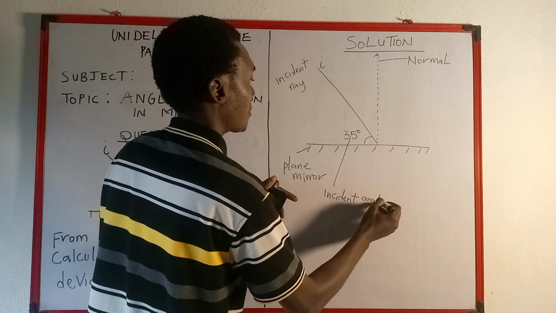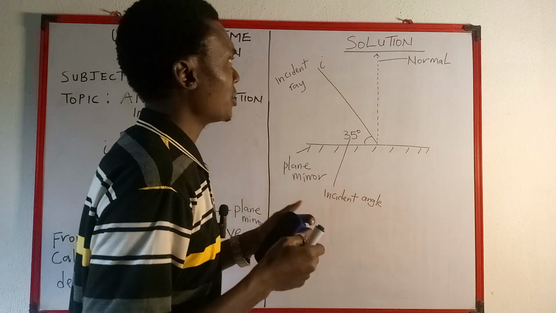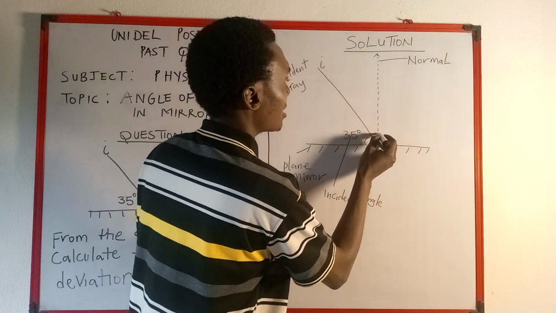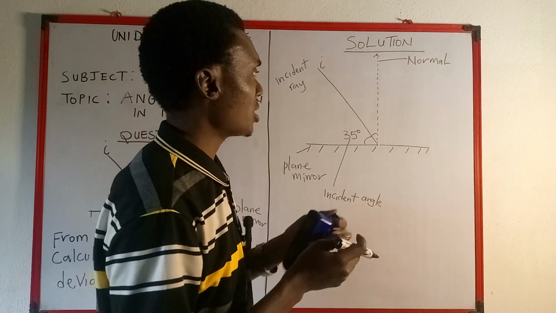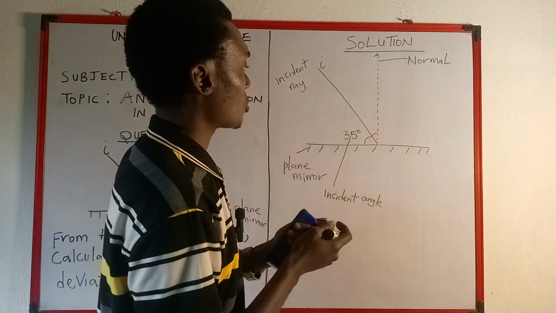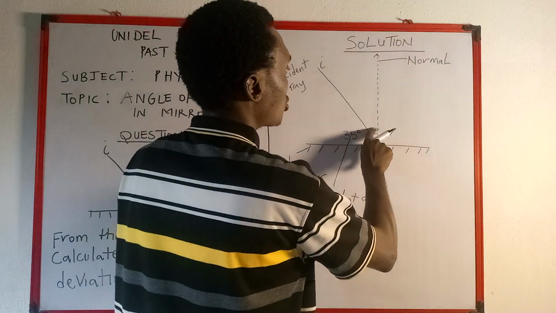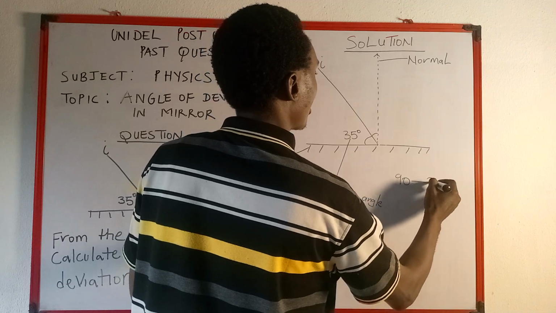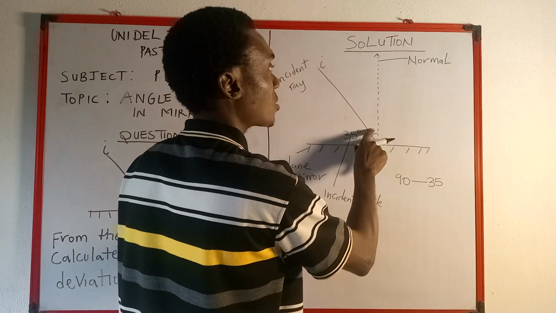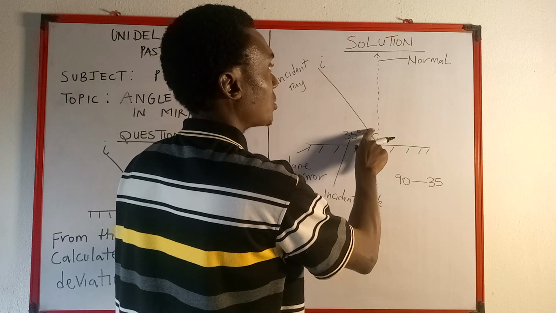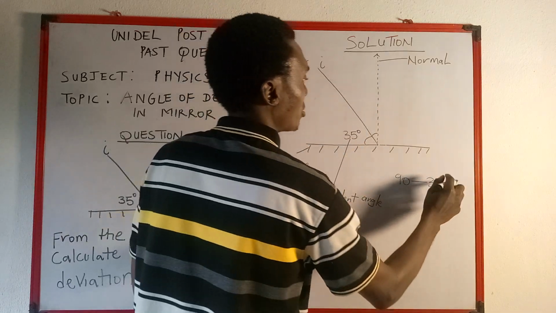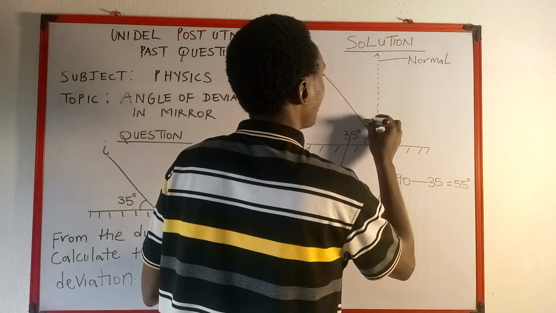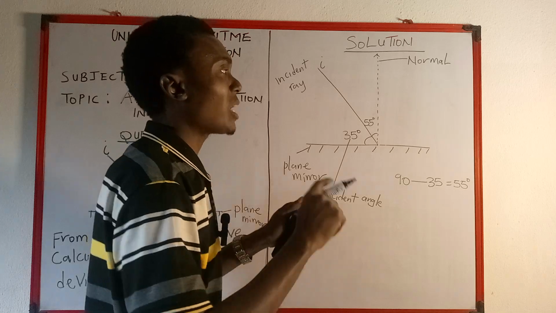Don't forget. Now, while solving it, this is 35. How do we get the angle that is here, the angle inclined to the normal? We say 90 minus 35, and you're going to have 55 degrees. If I put 55 degrees here, it's a mirror, so there is bound to be reflection.